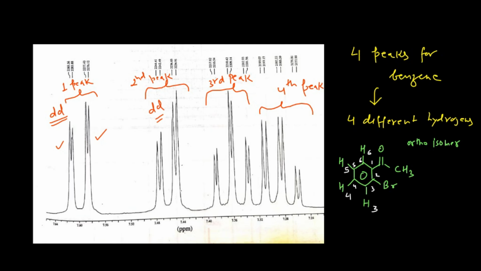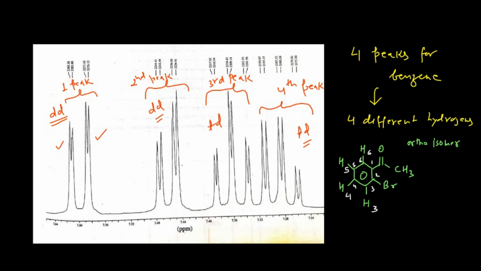But here you can see 1, 2, 3 peaks clustering at the same value, right? So this is basically TD, triplet of doublet. That means doublet three times, 1, 2, 3, and all are doublets, so it is TD. And the last one is also TD, which is known as the triplet of doublet.